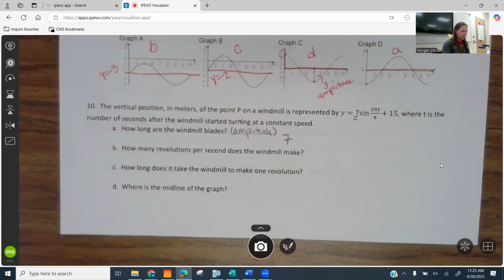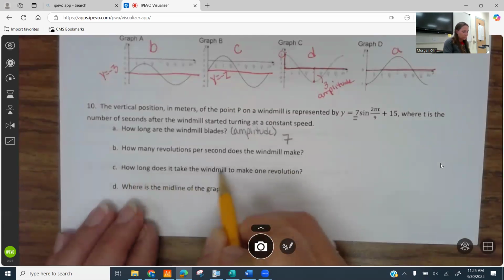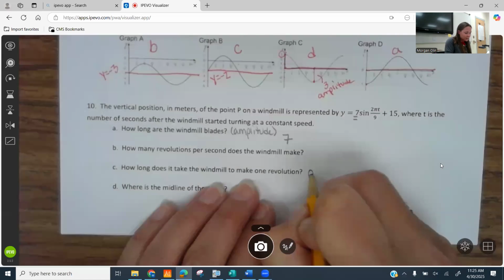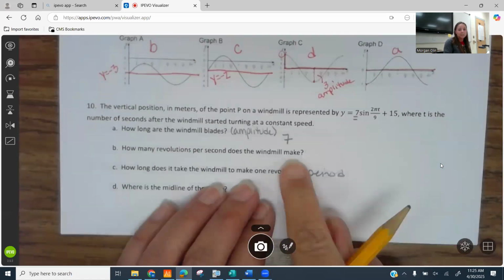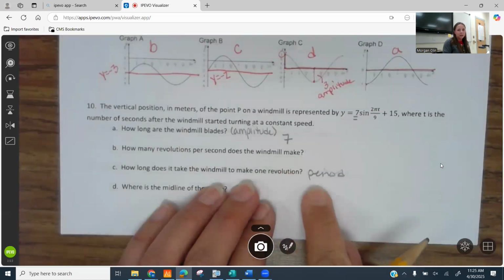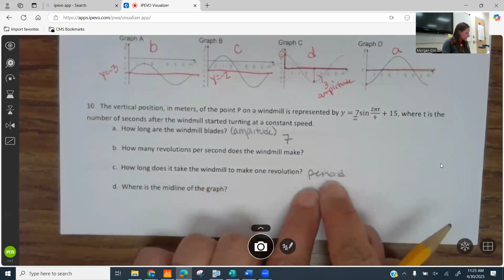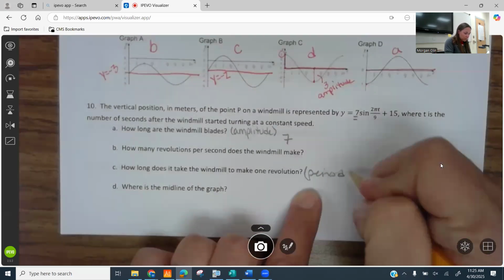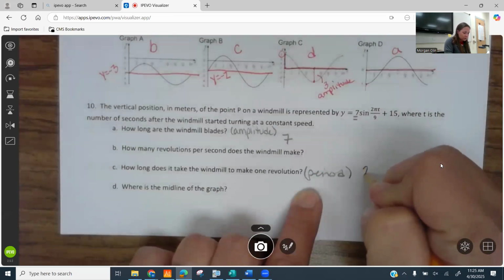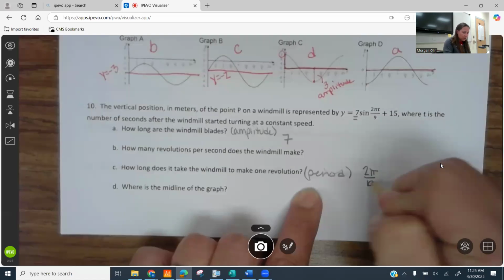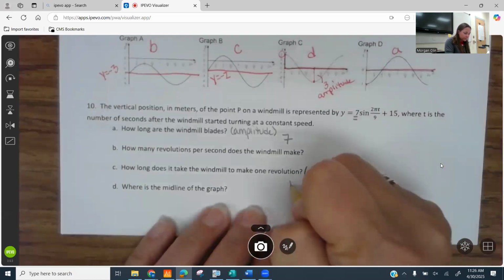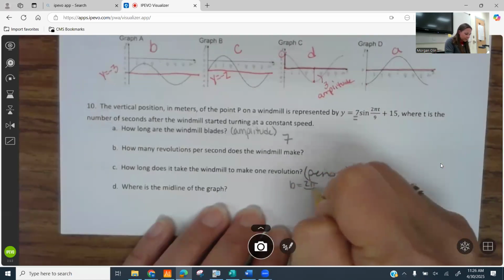Now, how long does it take the windmill to make 1 revolution? That is talking about the period. So if you were thinking this is the period here, it is not. 1 revolution is the period. I'm actually going to start with that one first. Remember, the period is 2 pi over B. And my B value equals 2 pi over 9.